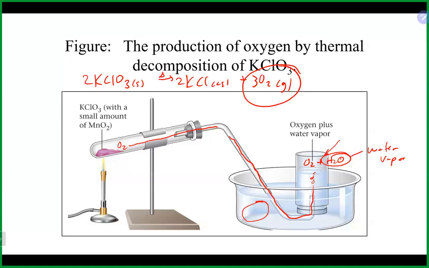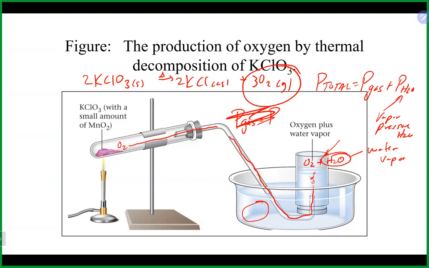So this makes a partial pressure situation where, as we talked about last time, the total pressure is equal to the pressure of the gas you're interested in plus the vapor pressure of water.